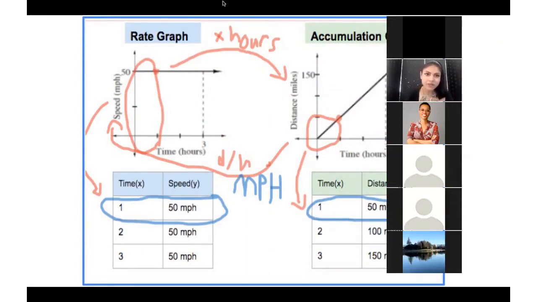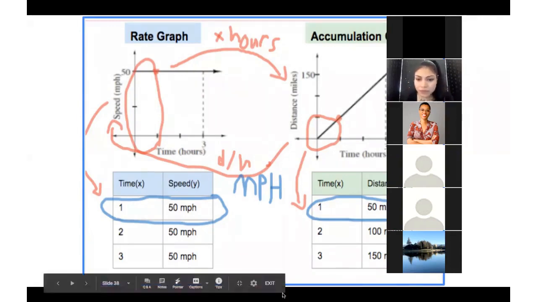Here, we talked about when you multiply, for example, 50 times 3, you get your accumulation graph. I like how they did a spiral or rotation. They said if you do distance divided by, I don't know what the h represents, they did division, right? If you divide here, you get your speed.